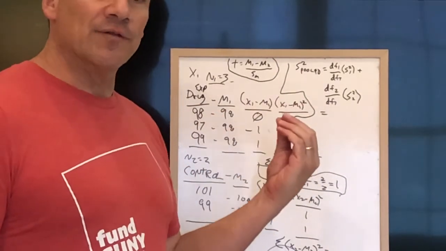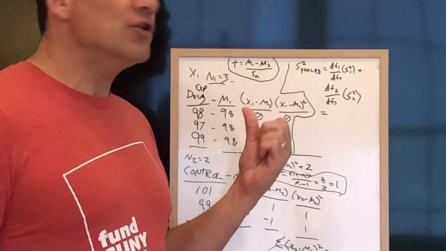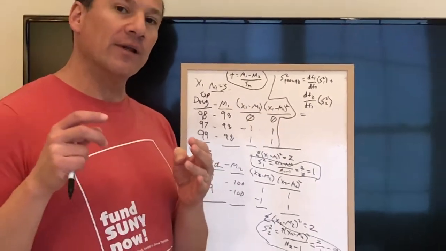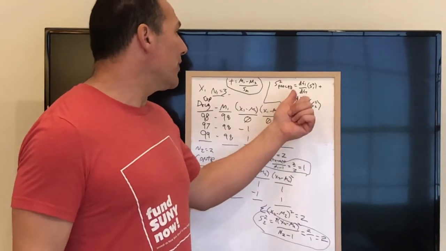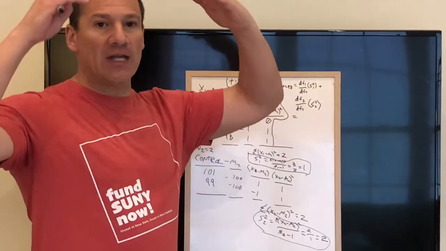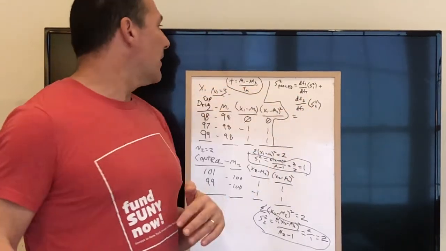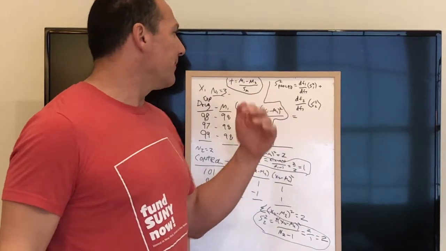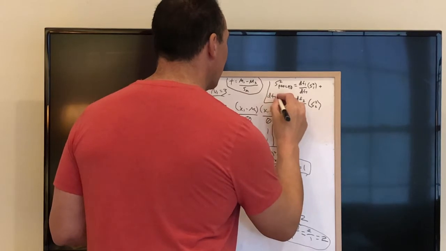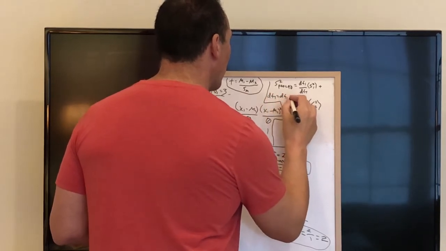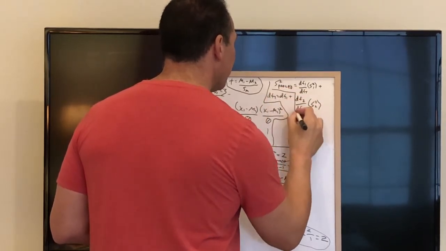All it is, if you break down that formula, you're just weighting the different variance estimates based on sample size. Remember, degrees of freedom is just n minus 1. And total degrees of freedom, I'll put a little sidebar here, df total equals df1 plus df2.